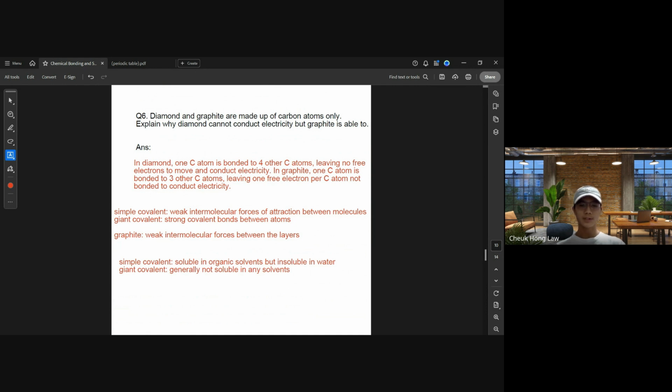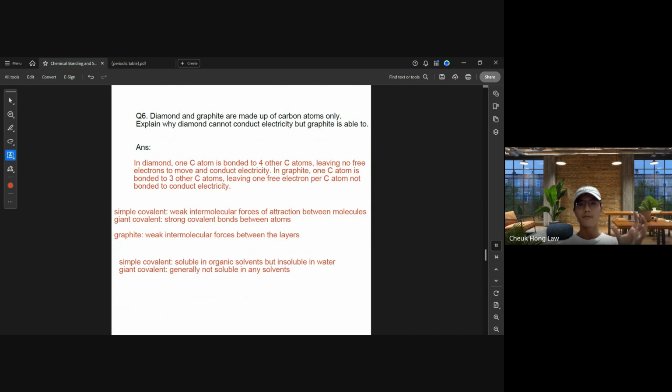Whenever the question says explain in terms of bonding and structure, for bonding you talk about the forces between the atoms or the molecules or the ions. For simple covalent, the bonding is weak intermolecular forces between the molecules. For giant covalent, it is strong covalent bonds between the atoms. Then for structure, there are many ways you can describe structure.